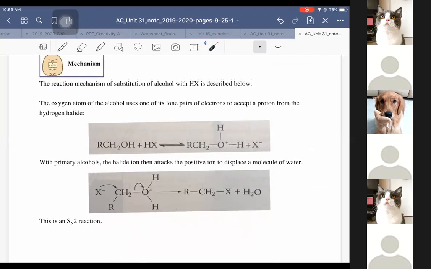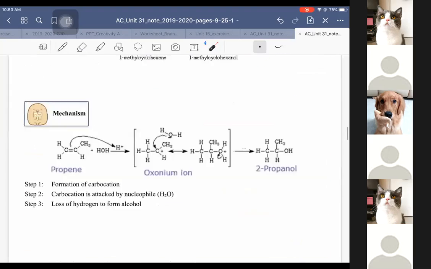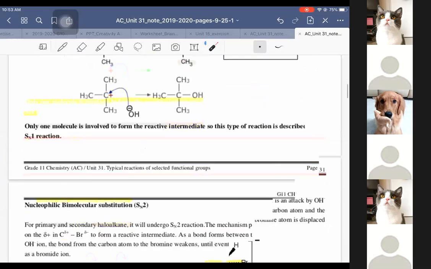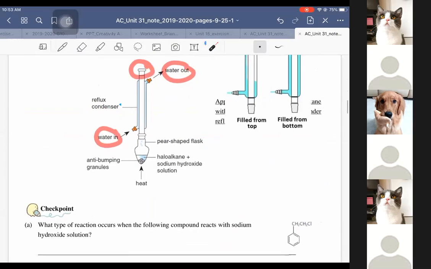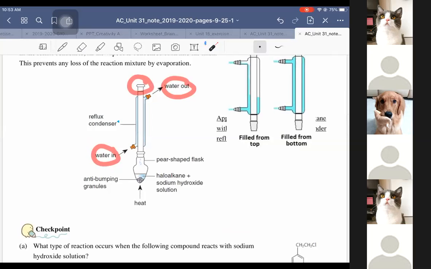You had better know that. So let's quickly revise what is reflux. In the previous lesson, we have learned this setup. It looked like this. That's the heating under reflux setup. You put the two reactants in the round bottom flask, and then you connect it to a long tube. On the outside of the tube, you have a reflux condenser.